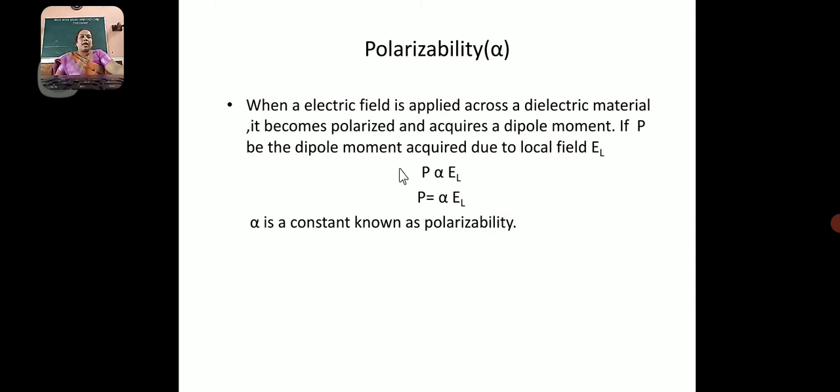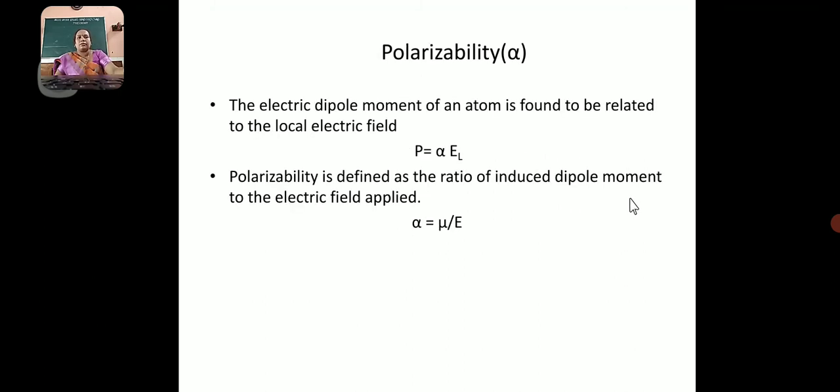If P be the dipole moment acquired due to the local electric field EL, then that dipole moment is directly proportional to the local electric field EL, and P is equal to alpha EL. Here this proportionality constant is named as polarizability.